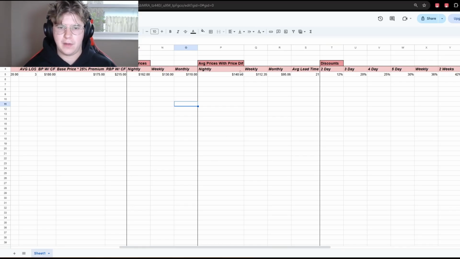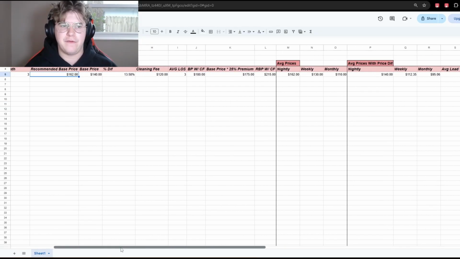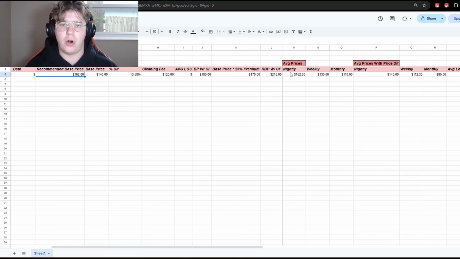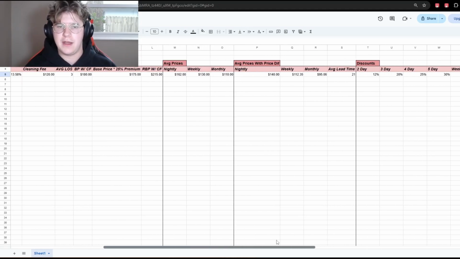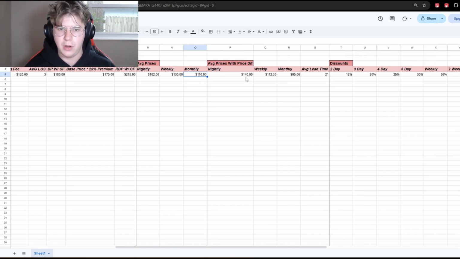More simply, if the recommended price, as we see, is 162 and my judgment chose 140, then because I feel like it won't be on par with this nightly rate that's advertised, it would only make sense to also decrease this number by the same margin. So that's exactly what we did.